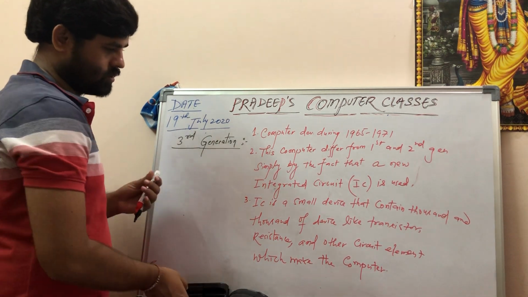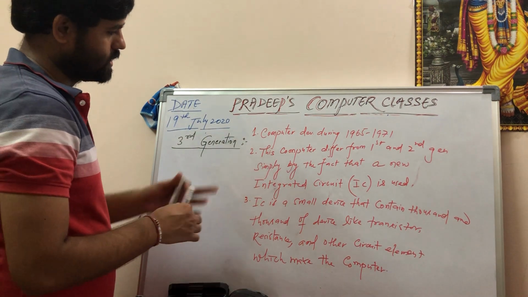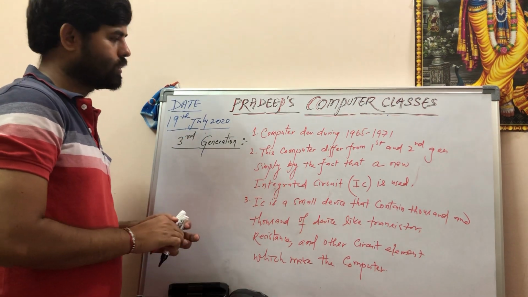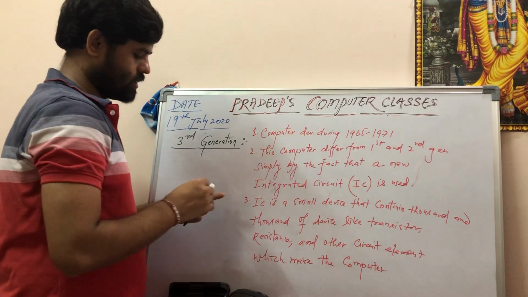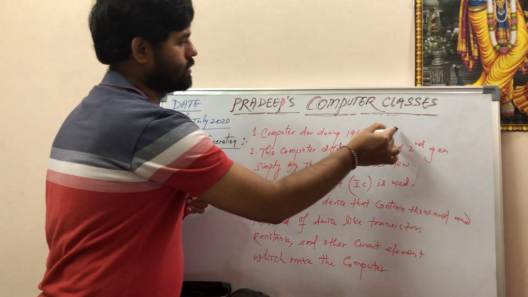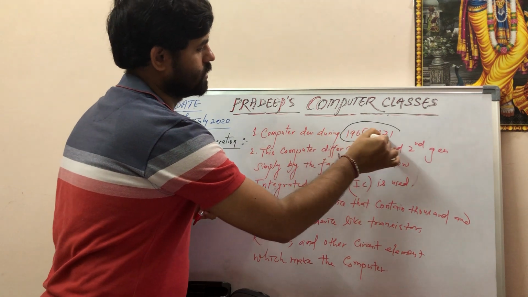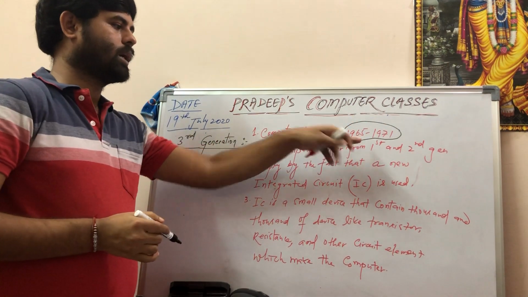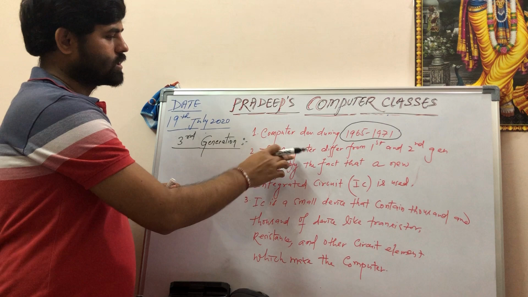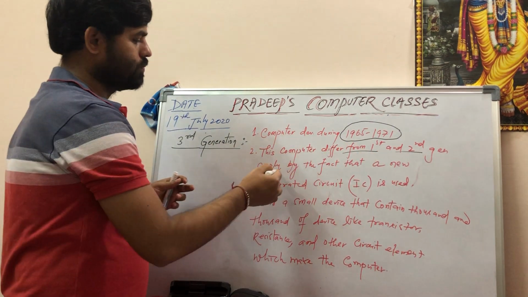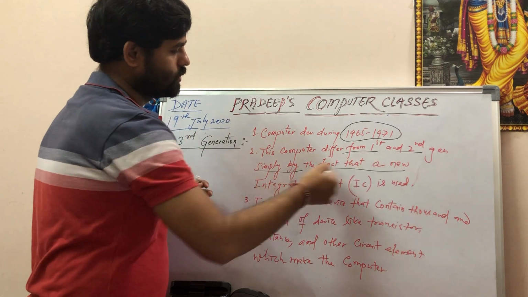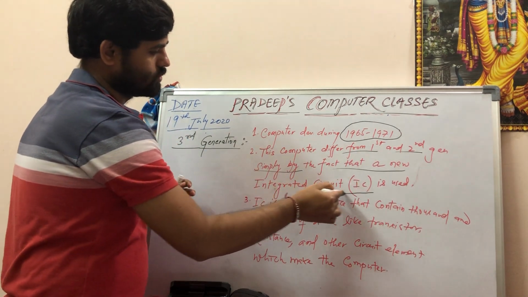Fine. So let me explain this point, then we'll move to the next point. So first is computer developed during 1965 to 1971. That means you can see that after the second generation ended, the third generation came. Next point is this computer differs from first and second generation simply by the fact that a new integrated circuit is used.